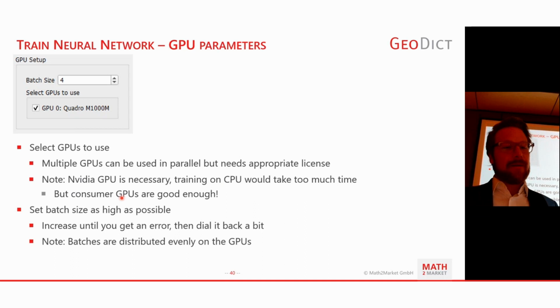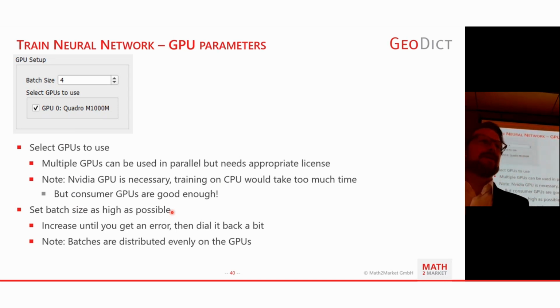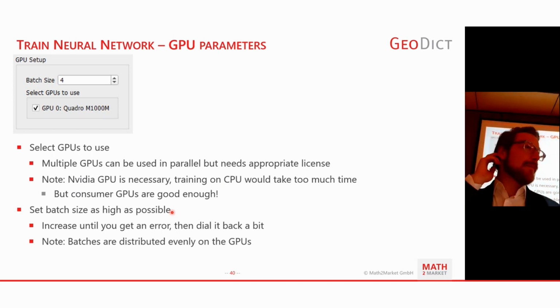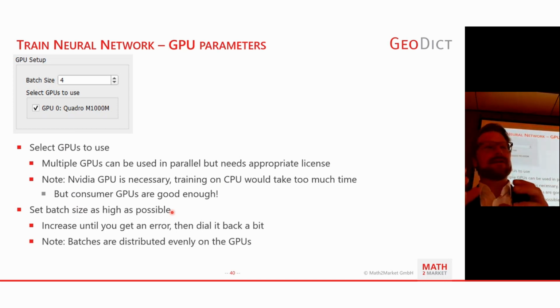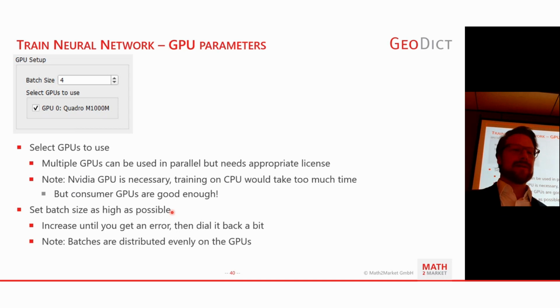The batch size, then, I would suggest setting as high as possible. The batch size is the number of these input windows that it will batch together and process at the same time on the GPU. And the amount that you can set there is a function of the memory on your GPU. So I would increase it because a batch size of 1 has a lot of overhead, because then it takes a single window, has to upload it to the GPU, wait till the upload is done, the GPU has to calculate, download it, wait for it to be done.